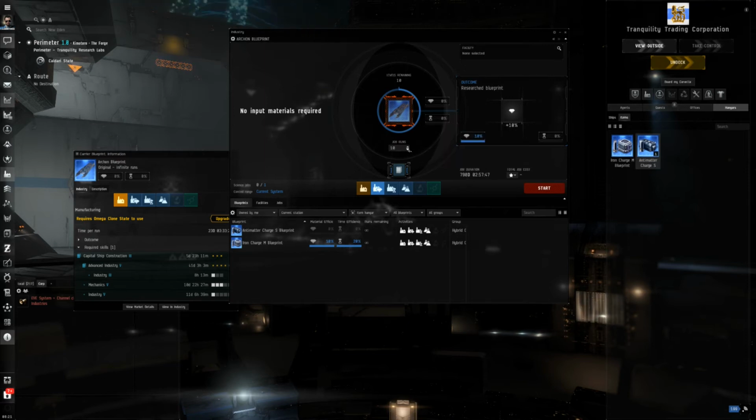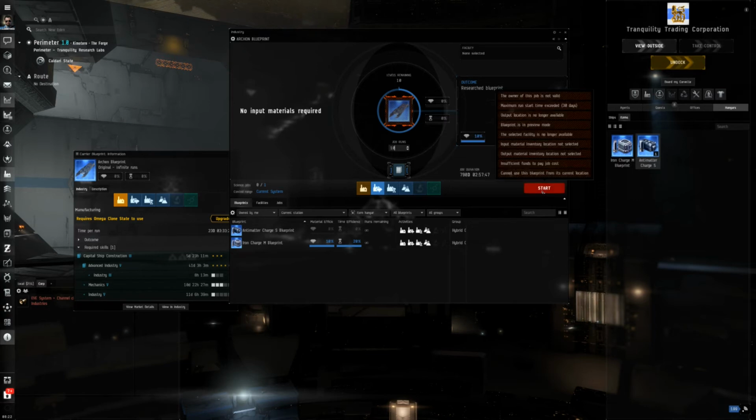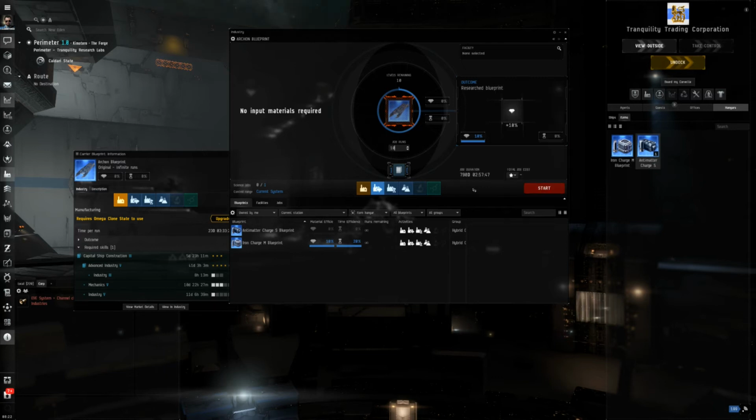I would first have to research it to lower levels before I could then try to research the final levels, because such a long job duration will not be accepted by the system. As it says here, maximum run start time exceeded of 30 days. This is of course not entirely true, because even max skilled omegas at the best station available would need, I think, maybe half a year for the last level, for level 10 of research of this blueprint.